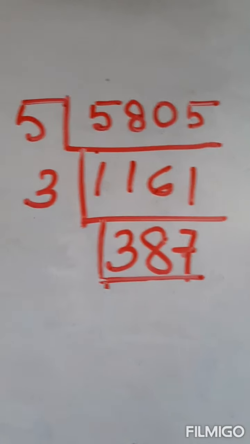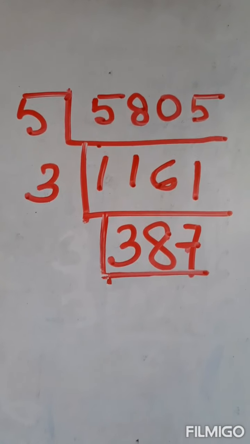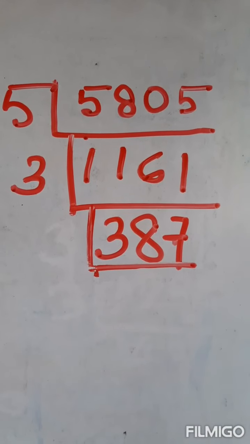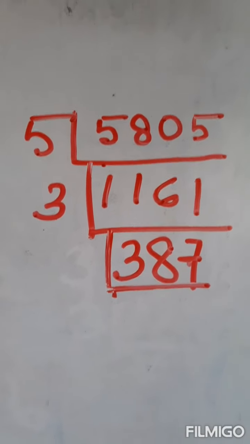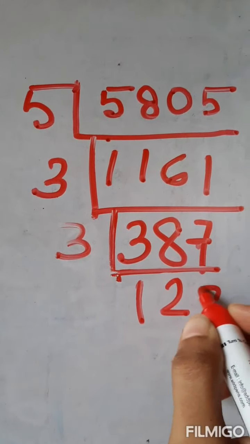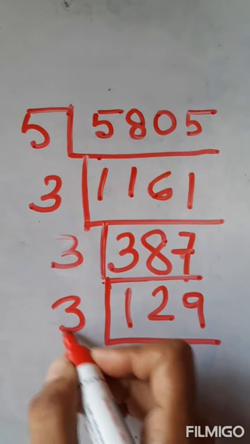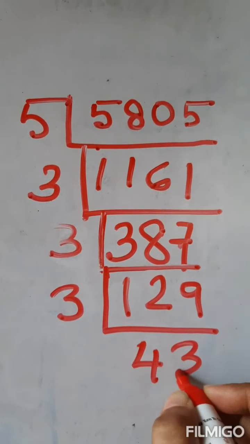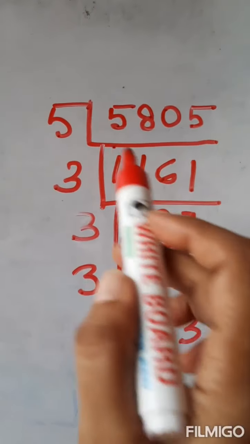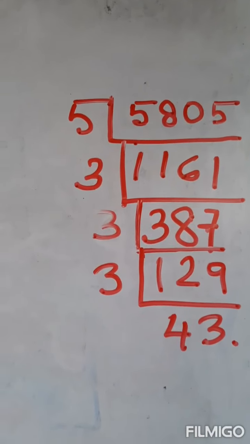If we again check by the divisibility rule of 3, that means we add 3, 8 and 7, we get 18, which is divisible by 3. So this again gets divided by 3 and we get 129. 129 again gets divisible by 3 and we get 43. 43 is a prime number. That means this particular number which is ending with 5 is also not a square number.